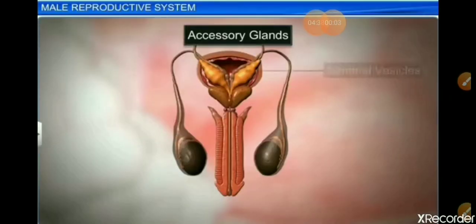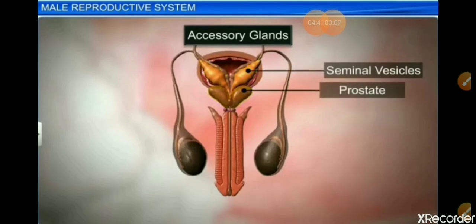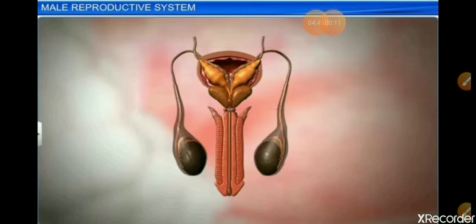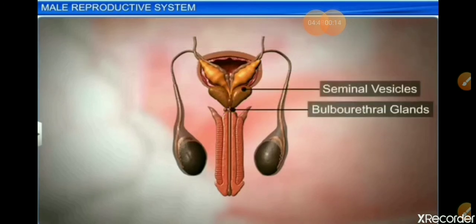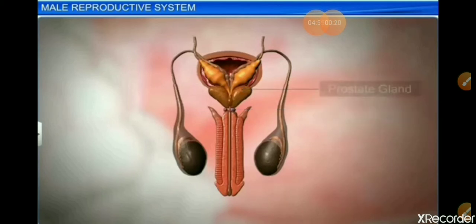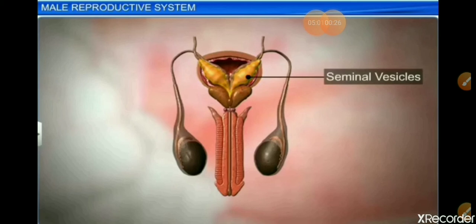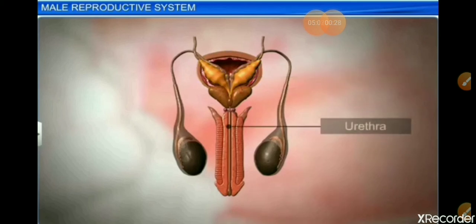So what you are seeing here are the accessory glands: seminal vesicles, prostate, and bulbourethral glands. The highlighted portion, seminal vesicles, are involved in the seminal plasma secretion, and the prostate gland will be involved in secretions containing citrate, phosphate and calcium.